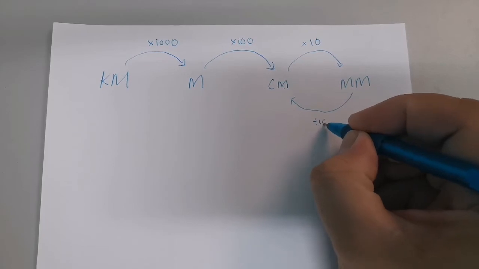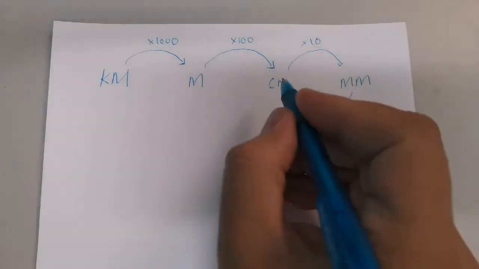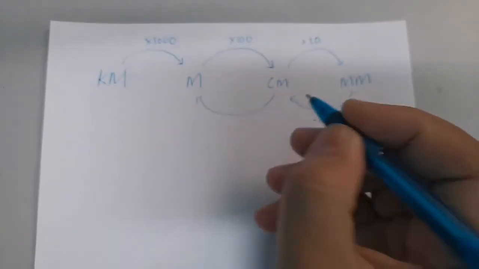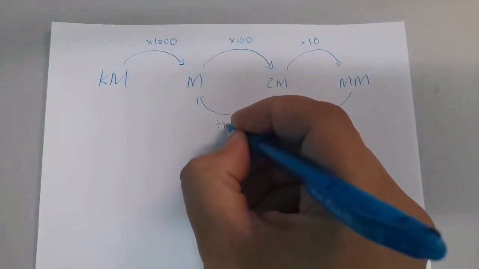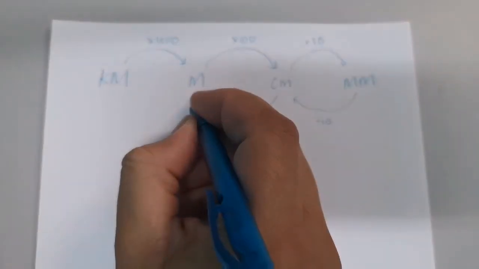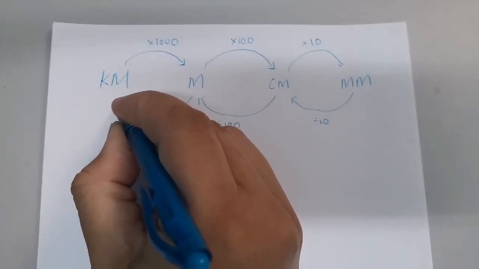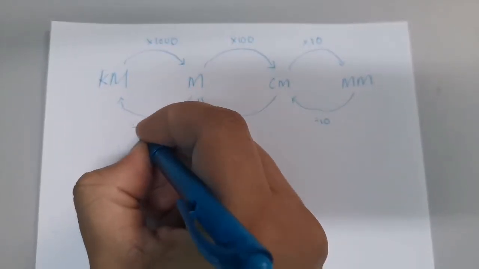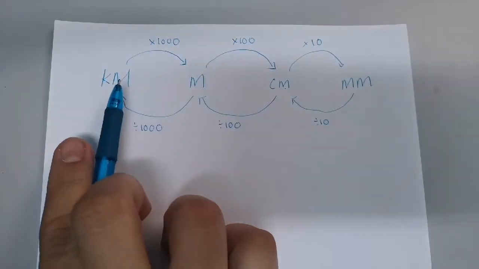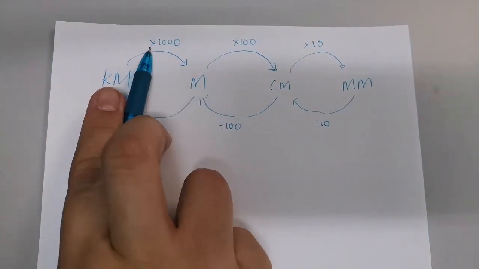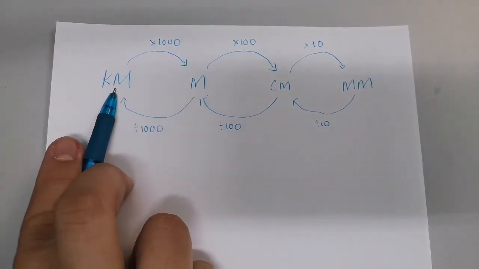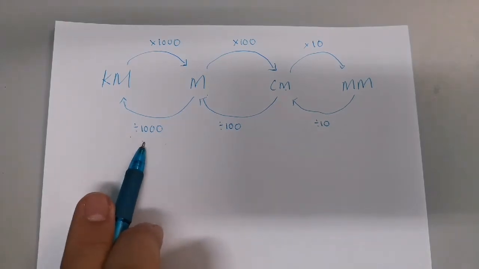Centimeter to millimeter, you times by 10, so millimeter to centimeter you divide by 10. Centimeter to meter, you divide by 100. And meter to kilometer, you divide by 1000. Opposite: kilometer to meter, you times with 1000; meter to kilometer, you divide by 1000.